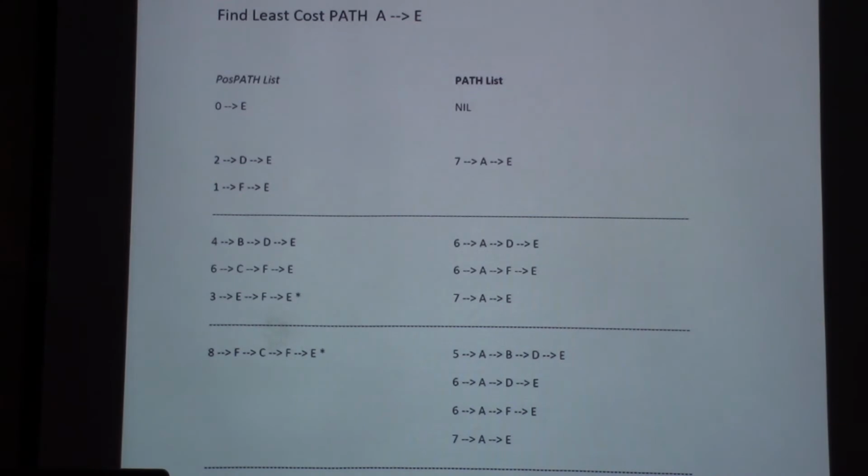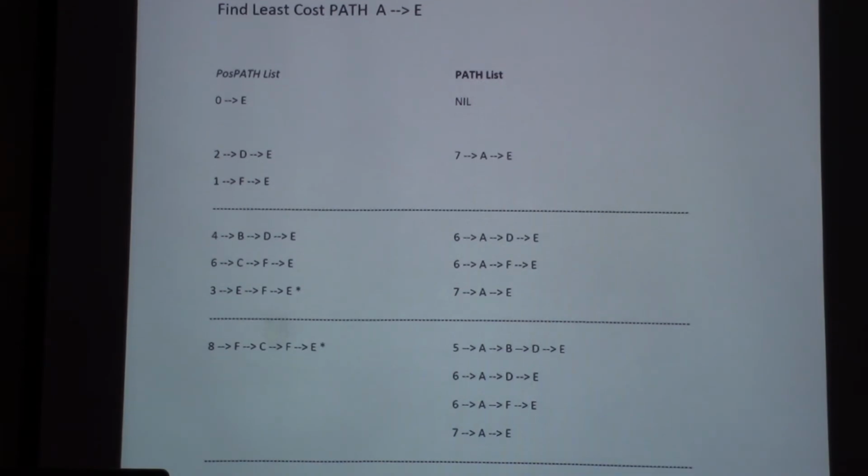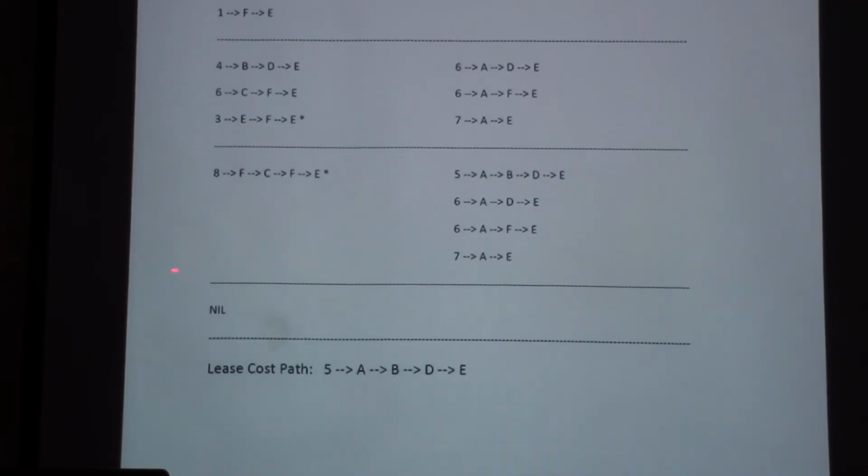Once all the possible paths are either removed or moved into the path list, we continue. And then once they are gone, at the very end, we have nil here, and then the cheapest right here, that's our solution.